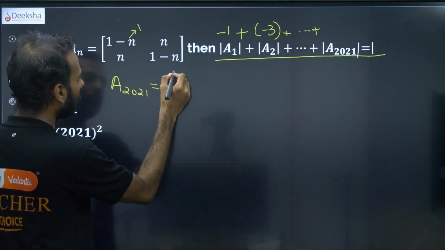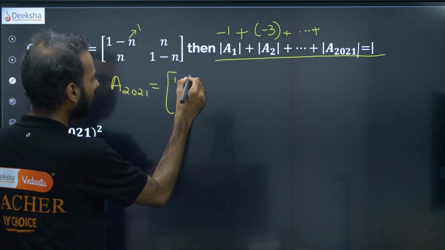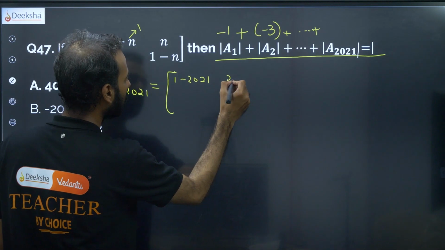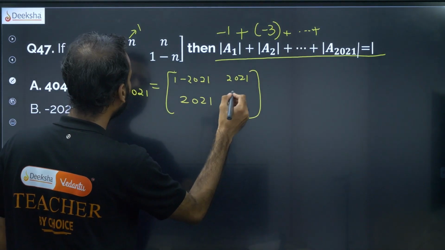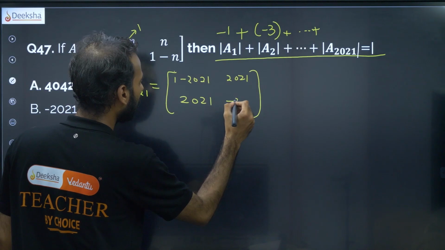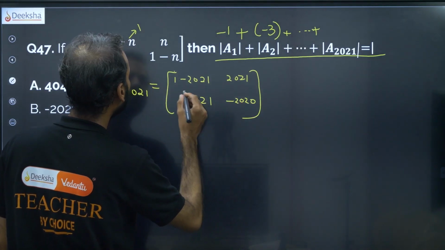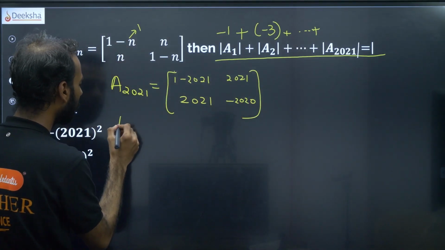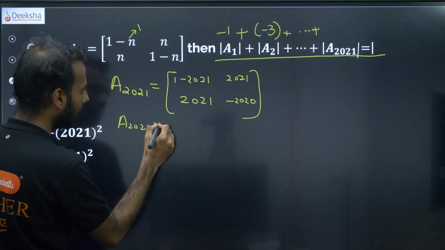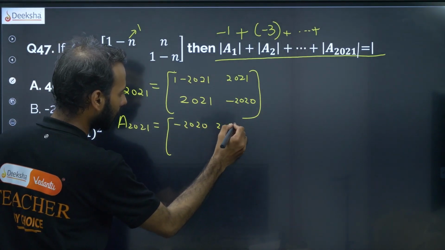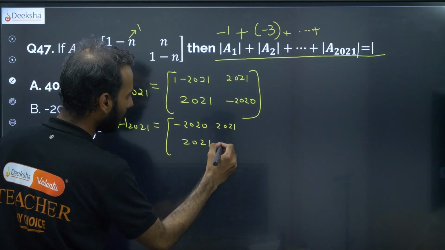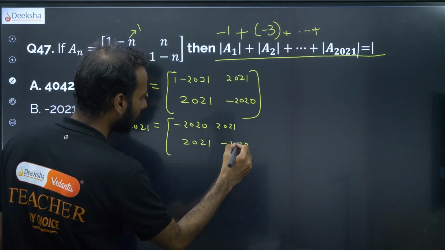A2021 is equal to 1 minus 2021, 2021; next, 2021, 1 minus 2021 is minus 2020. So A2021 is negative 2020, 2021, 2021, negative 2020.